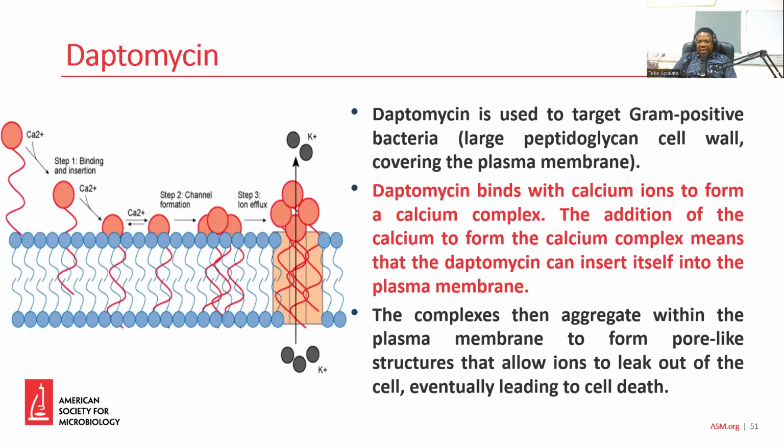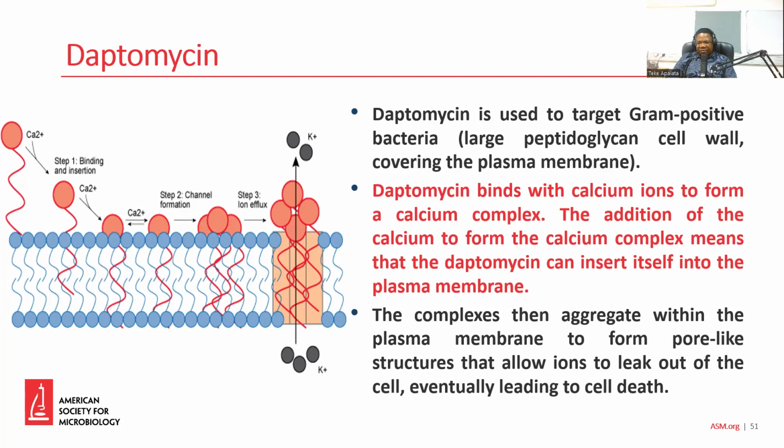Another antibacterial is daptomycin, which is also an inhibitor of cell membrane function. Daptomycin is used mainly to target gram-positive bacteria, because they have a large peptidoglycan cell wall covering the plasma membrane.